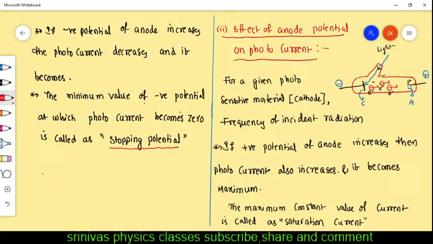Even one electron does not reach the anode. That means at a certain negative potential at which all electrons are repelled, the photocurrent becomes zero because not even one electron reaches the anode. Right? That potential is called the stopping potential, and it is denoted with V naught.